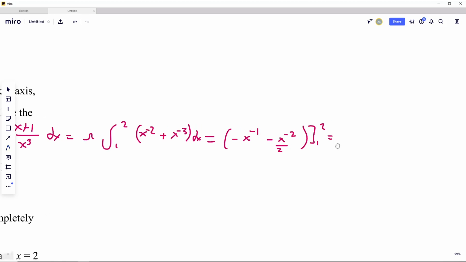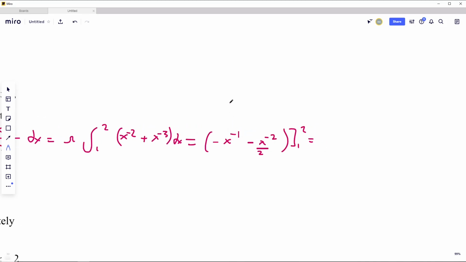I can substitute immediately. This is nothing but 1 over 2, minus 1 over 2, minus 1 over 2x squared, so 2 squared, I think that's 8, yeah, minus 1, minus 1 over 2. Pretty weird, but yeah.